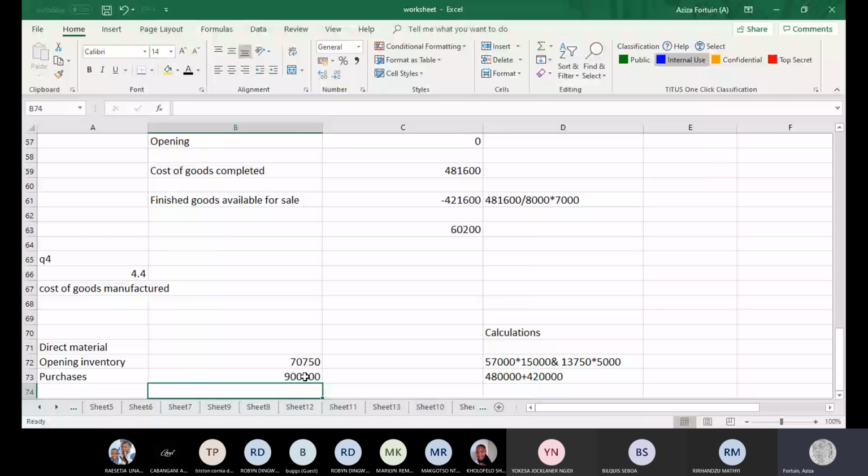Okay, so let's calculate our direct labor. Aziza, is that gross wages on page 247, the 290 plus the 250?